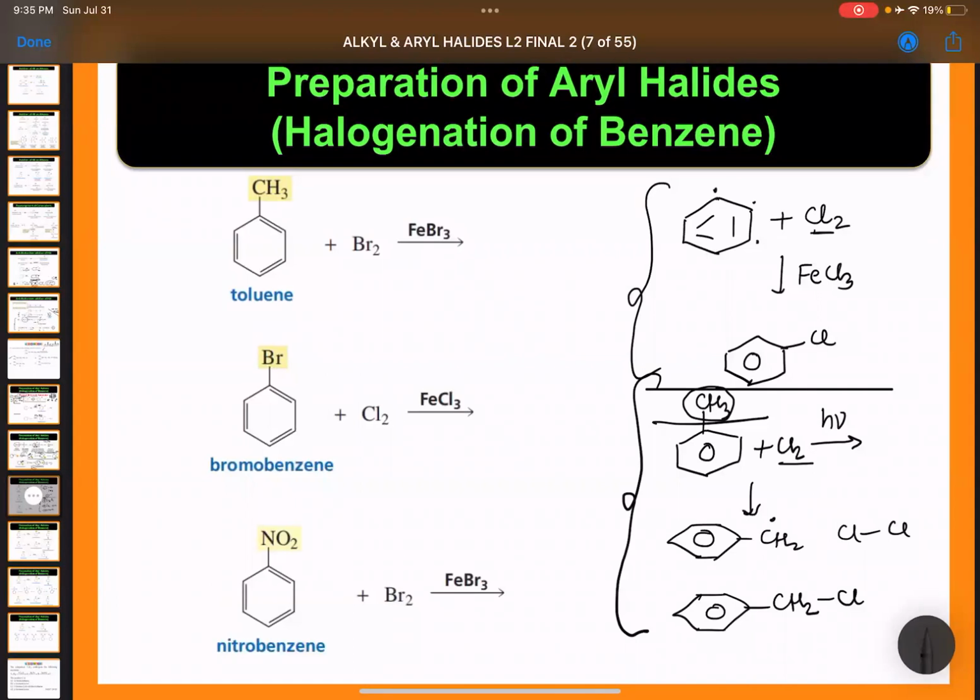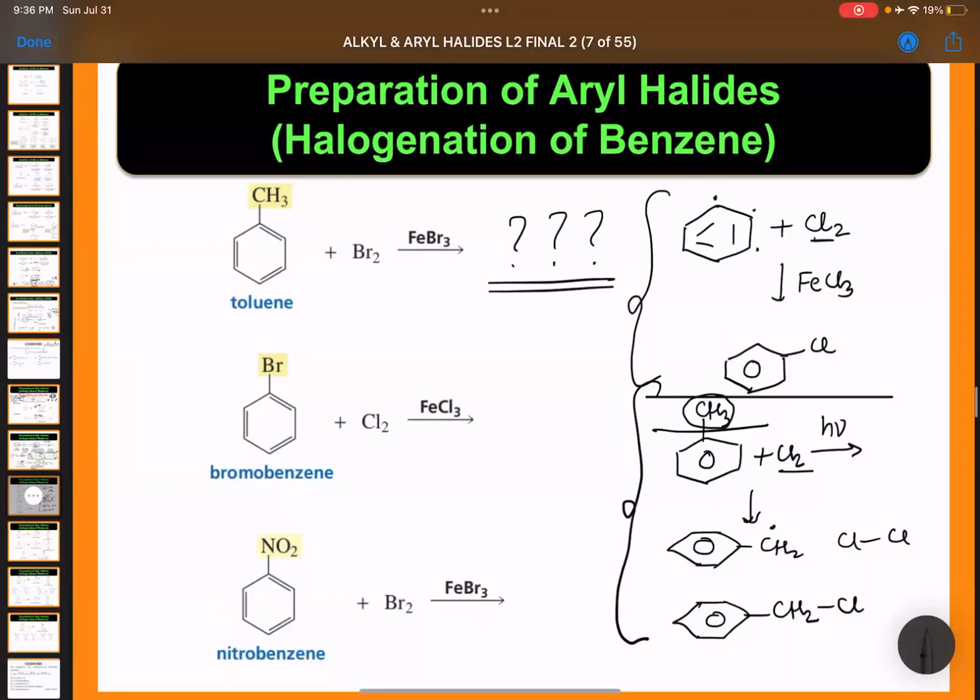So what am I going to get here? Can any one of you tell me what will be the product of this reaction? Darshan, Hanifa, Samaira, Nabil, tell me quickly. This is toluene, common name methylbenzene.